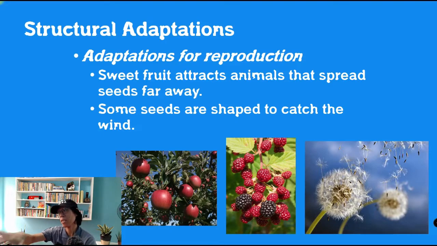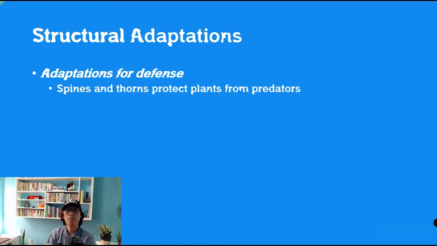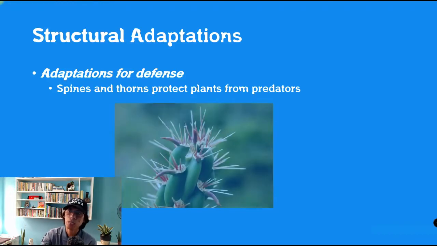That explains why you'll see a wide coverage of certain plant species, let's say in a forest or in a mountain, or maybe in your garden. Adaptations for defense, pines and thorns.